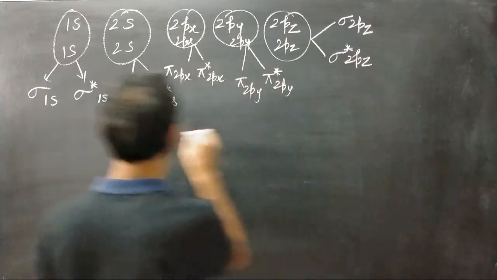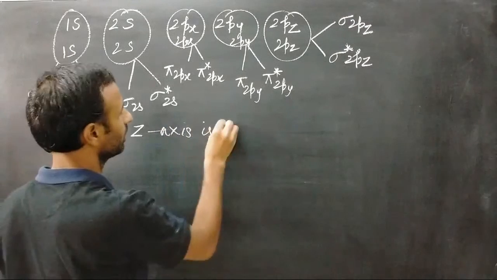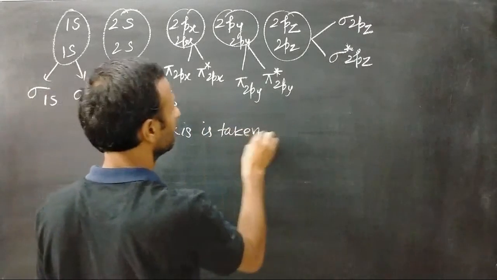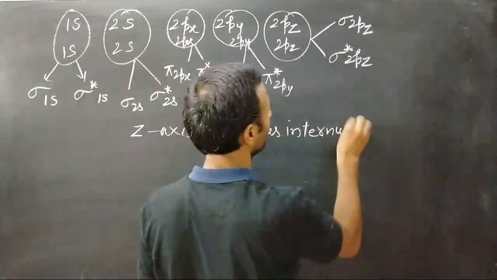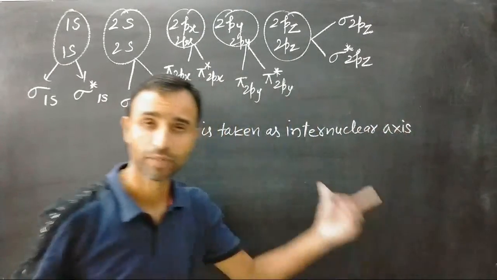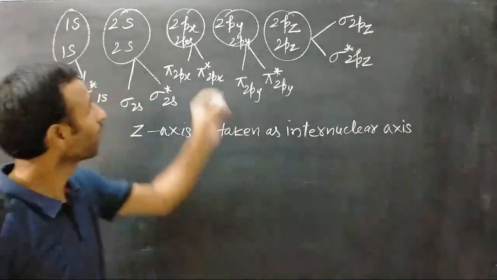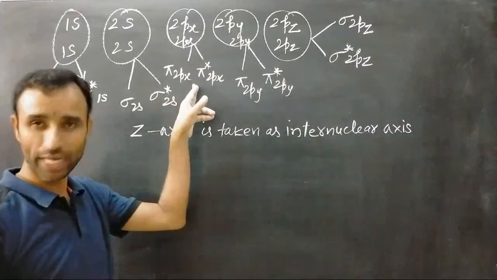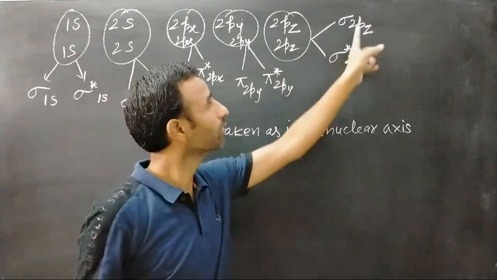because z-axis is taken as internuclear axis. That is the most important point. You might ask the question, why 2px and 2px will give pi, 2py give pi, but 2pz will give sigma.